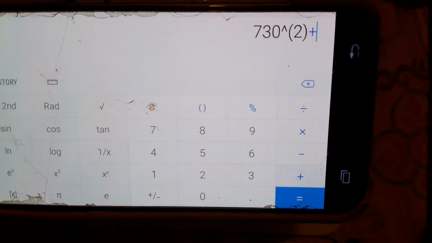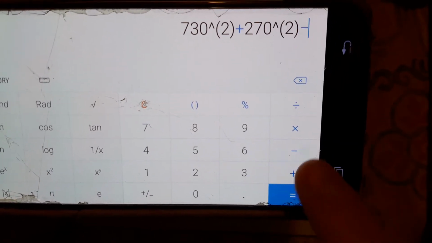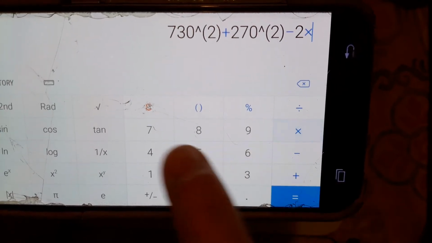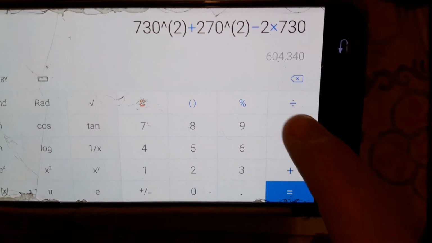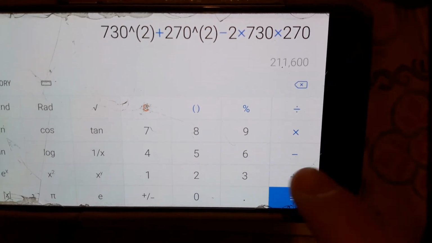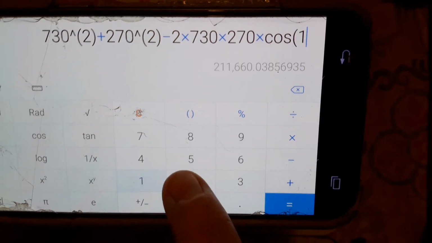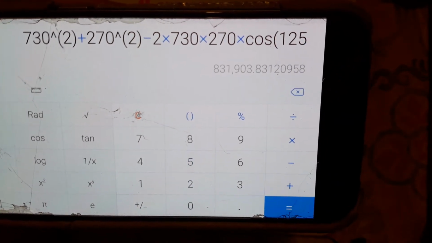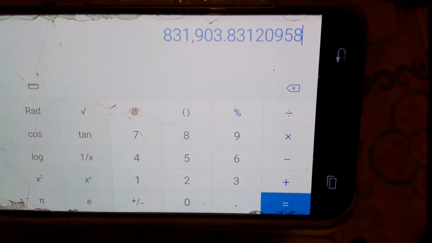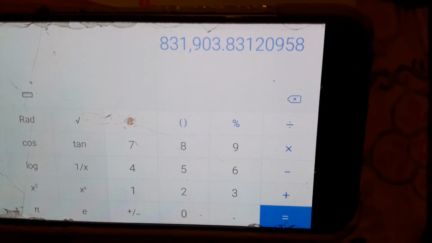Then I'll hit plus 270 squared, minus 2 times 730 times 270 times the cosine of 125. And I got a really big number.